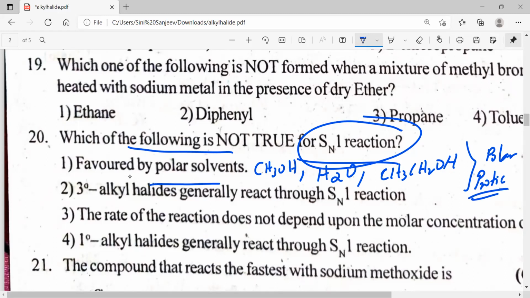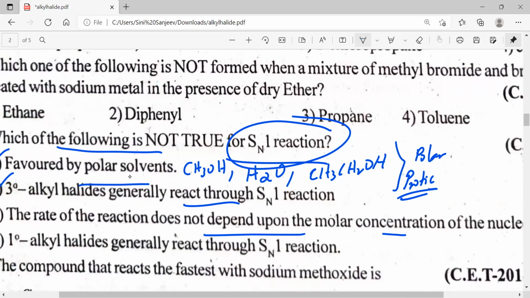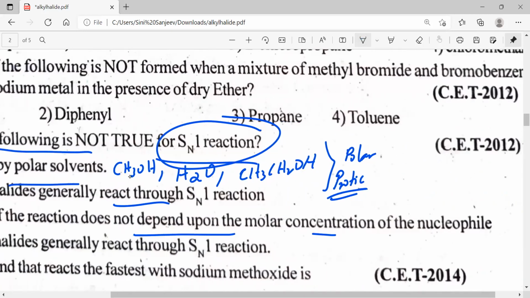So SN1 reaction is favored by these things. Okay, water. Now tertiary alkyl halide. Just now we discussed tertiary butyl halide. Correct. So this is also our correct one. It relates to SN1 reaction. Third one. The rate of reaction does not depend on the molar concentration of the nucleophile.